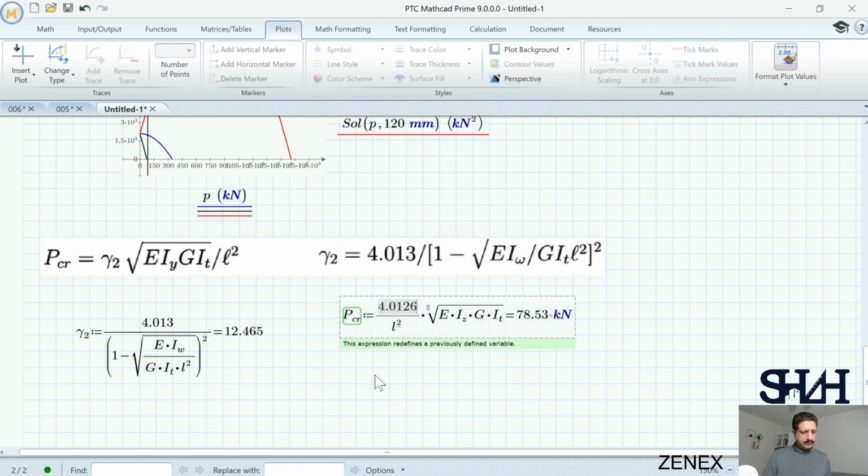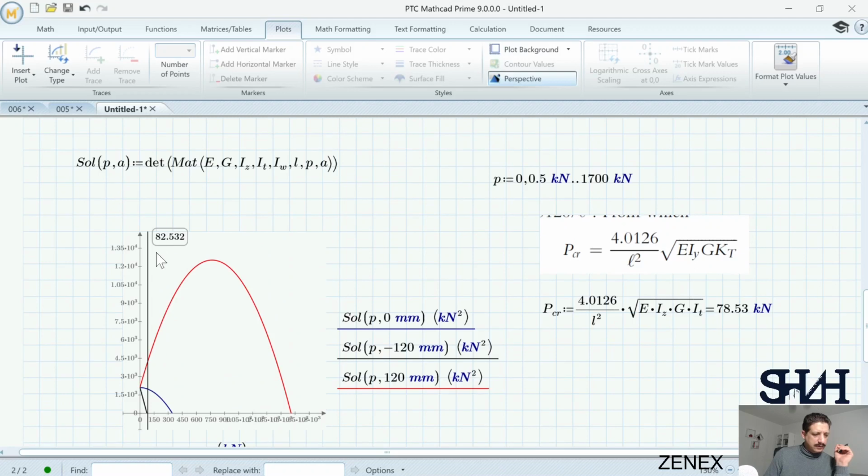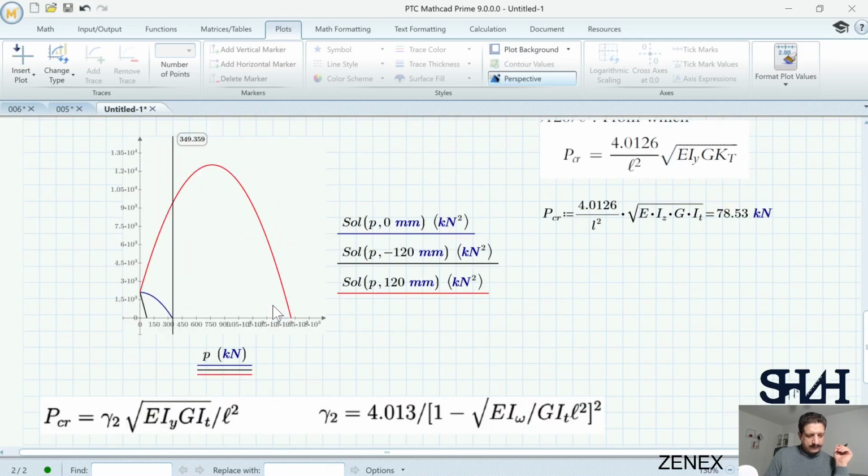Instead of 4.013 or 120 something, we can use gamma 2, and the rest are the same. 240 kilonewton. Coming back to our calculation, if we set this value exactly in the center, we can see that now this is closer to what we calculated.